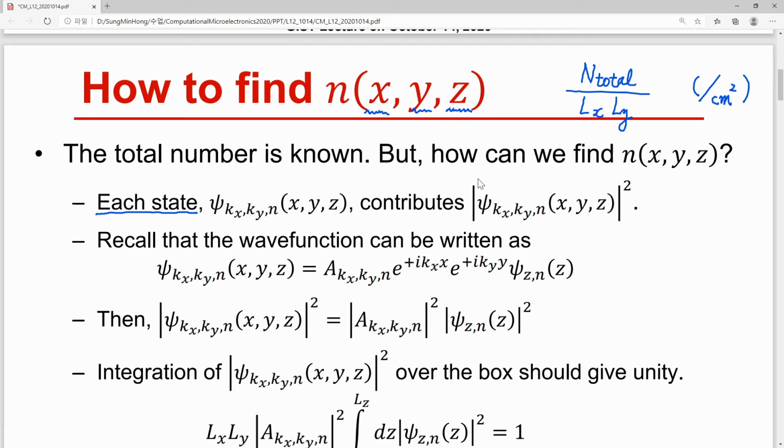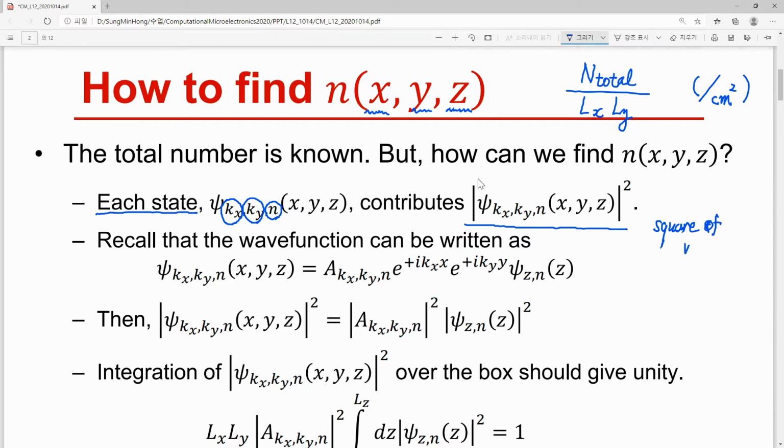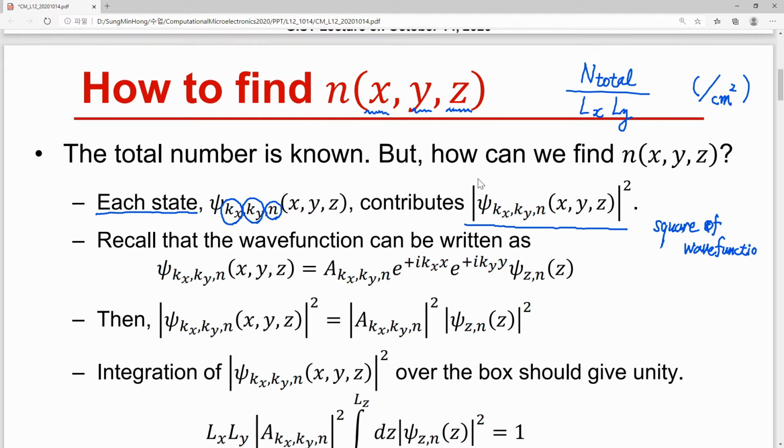Each state specified by kx, x-directional momentum, and ky, y-directional momentum, and n, the z-directional quantum number, contributes this quantity. Actually, the square of the wave function gives some information about the spatial distribution of our electron.